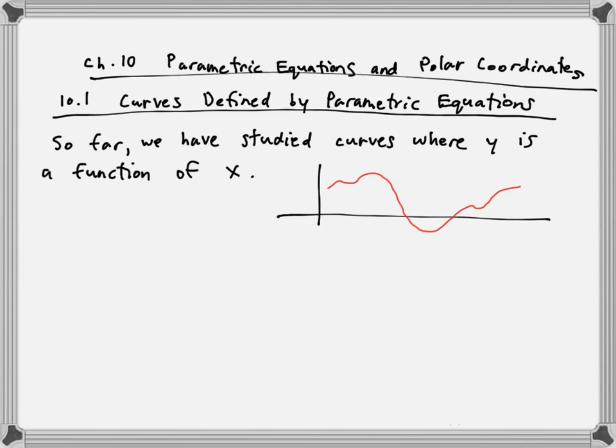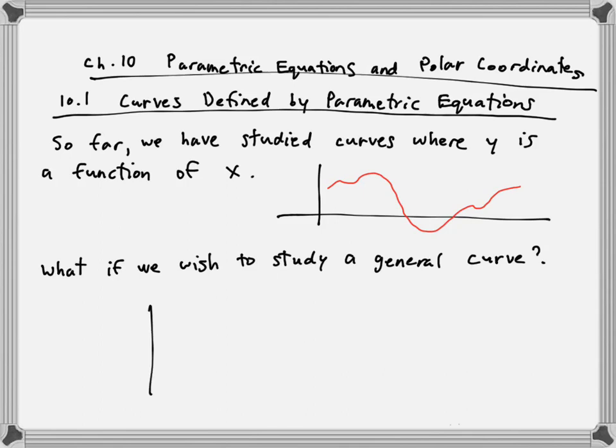So question though, what if we wish to study a general curve? What do I mean by a general curve? Well, let's suppose that this is our coordinate system, but our curve is doing whatever, right?